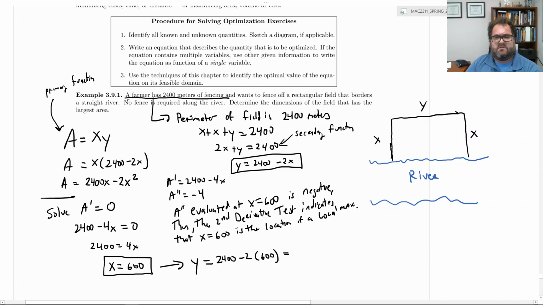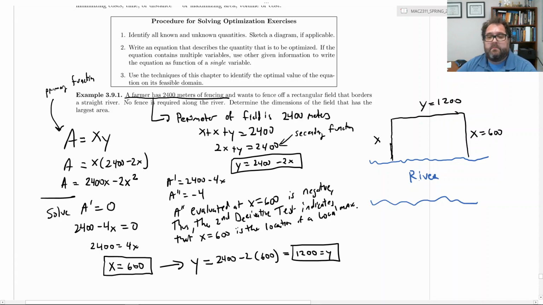Oh, seriously? It's a square? No, it's not a square. Sorry, 2400 minus 1200 is 1200. So there are the dimensions of the corral: 600 meters by 1200 meters. So x equals 600, y equals 1200.